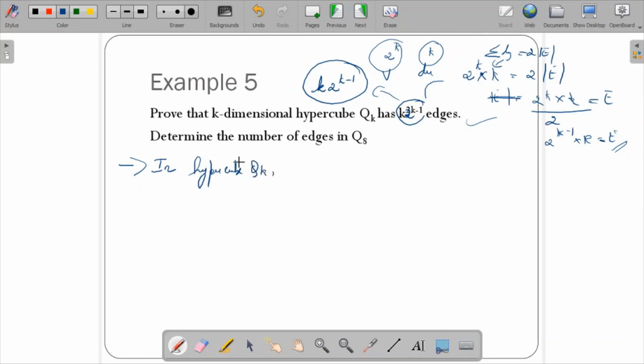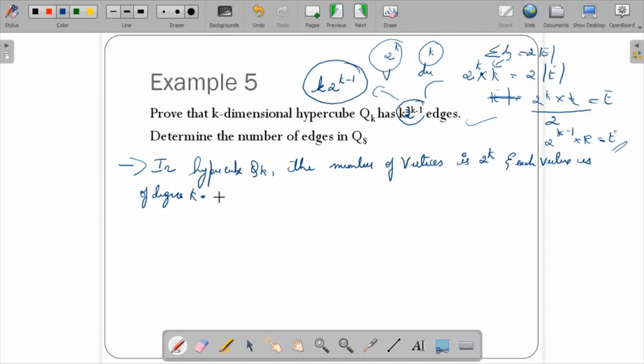In hypercube Qk, the number of vertices is 2 to the power k, and each vertex is of degree k.